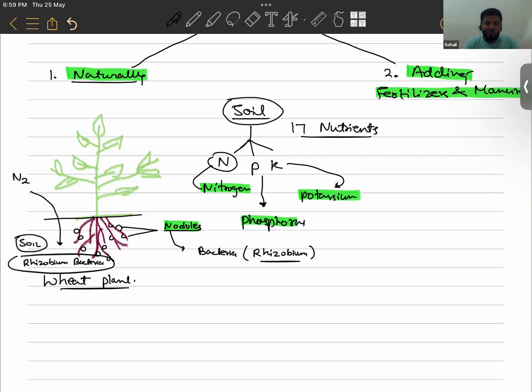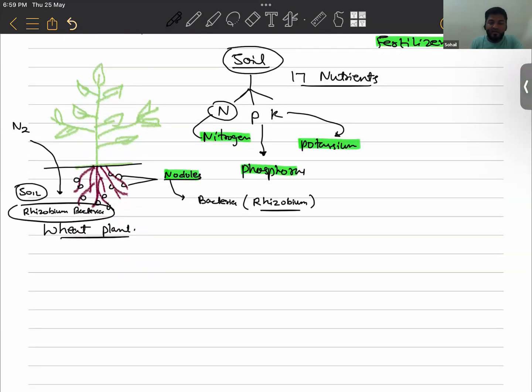What we just need to do is plant such plants which contain rhizobium bacteria in their roots. Such plants that contain rhizobium bacteria in the roots are called what?